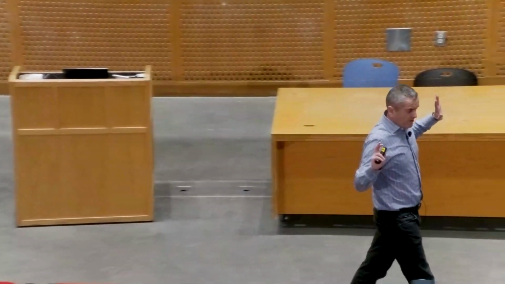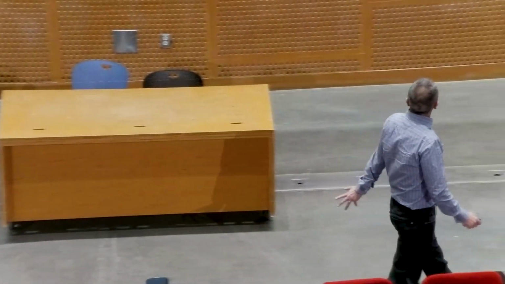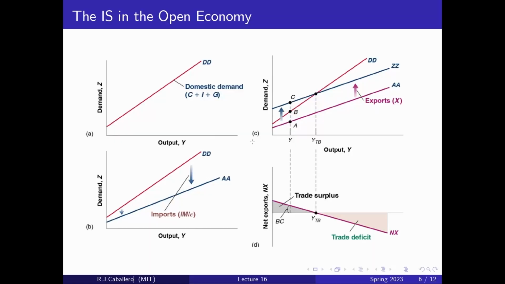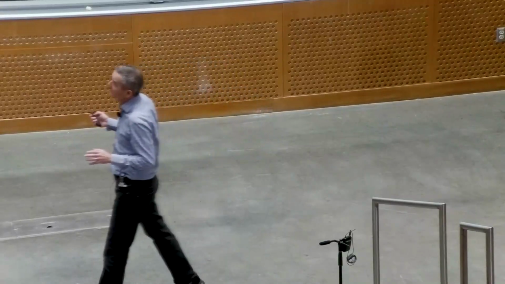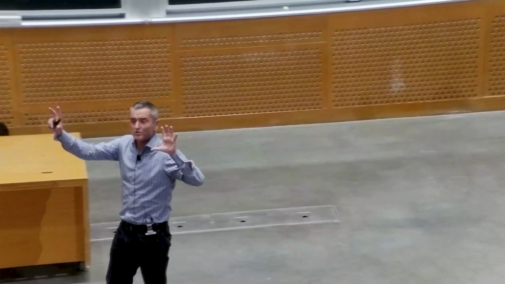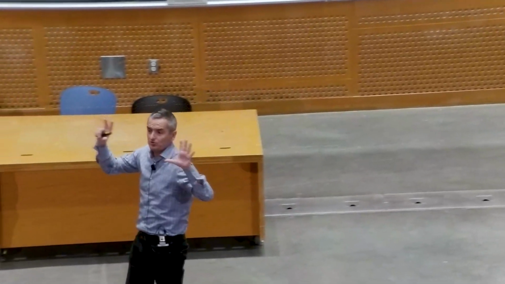Good. Now we still haven't found equilibrium output, but there is a point that is already interesting here, which is this one. What do I know of this point? At this point, domestic demand for goods is the same as demand for domestically produced goods. That also means that the trade balance is zero, meaning exports are exactly equal to imports, so net exports are equal to zero.